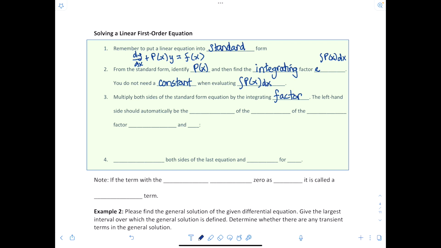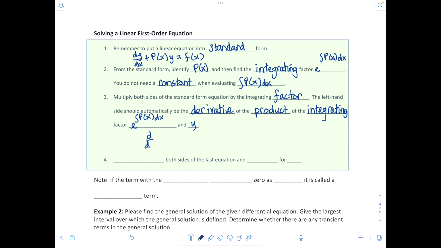The left-hand side should automatically, if you did this right, be the derivative of the product of the integrating factor e to the integral p at x dx and y.